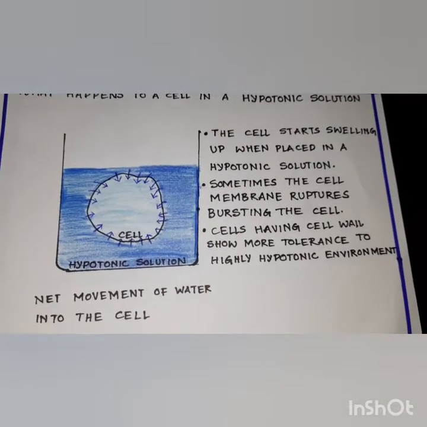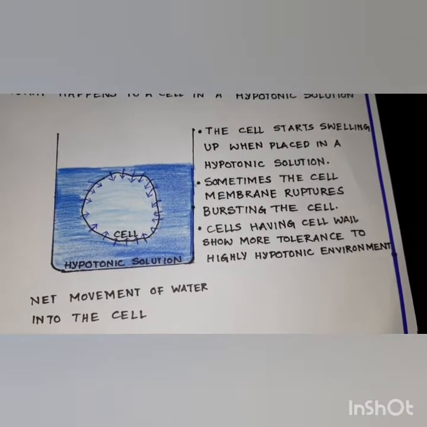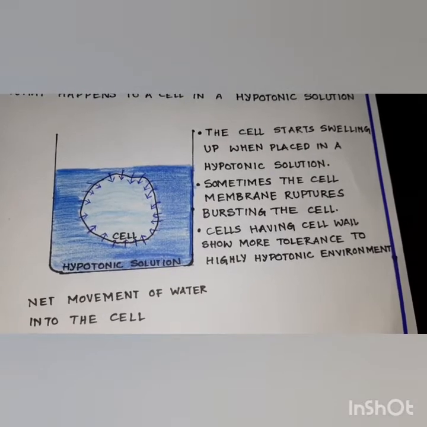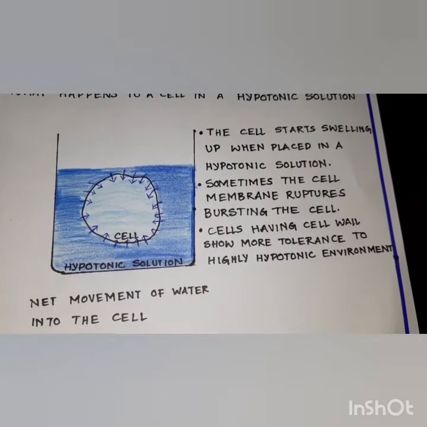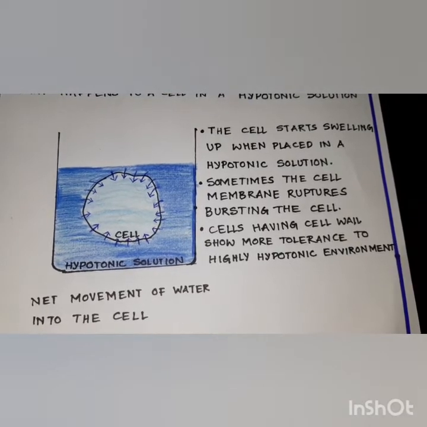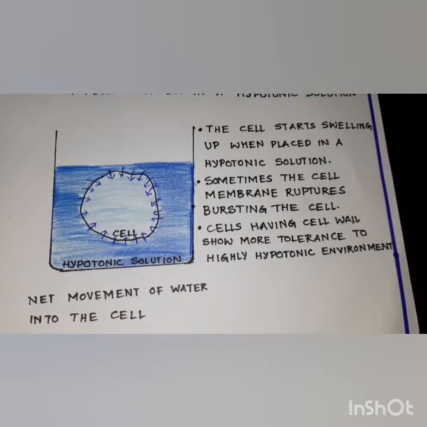Now when we put the cell in such a solution, the cell will start gaining water by osmosis, because the rule of osmosis says the water will move from a higher water concentration, which is the hypotonic solution, to the cytoplasm of the cell.